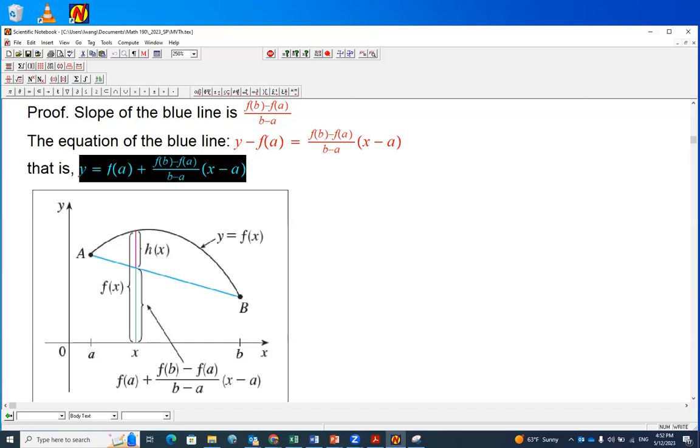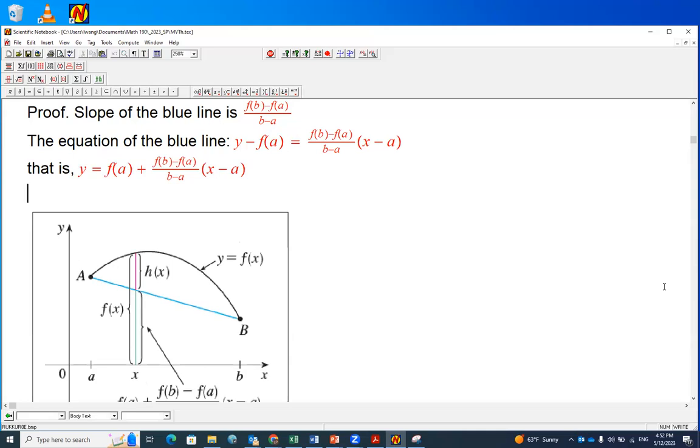And next, we construct a function we call h of x. h of x is constructed by taking the given function f of x minus the line equation. And what is the line equation?